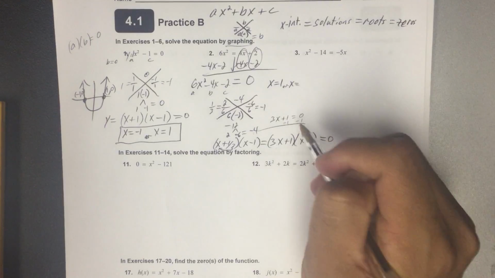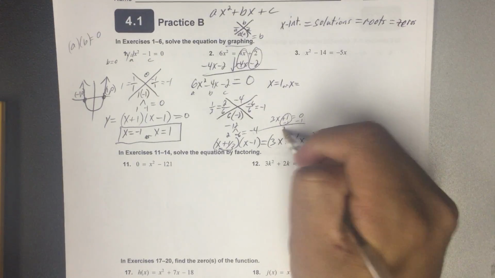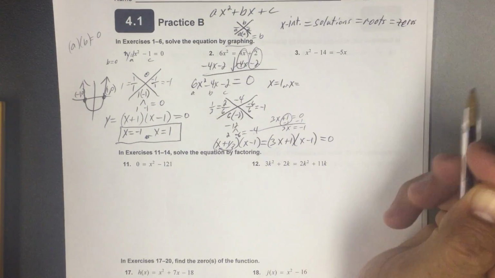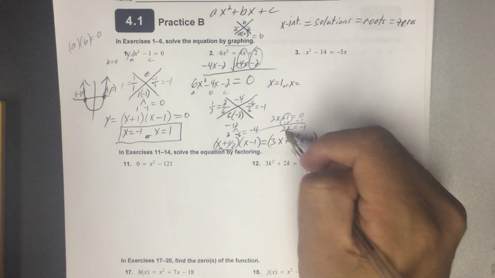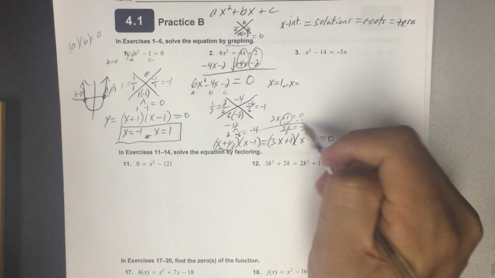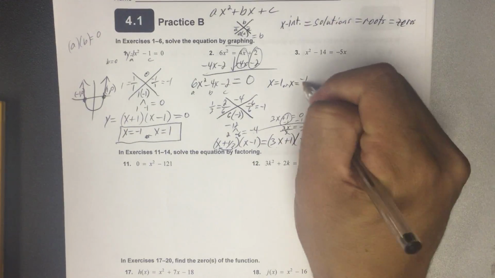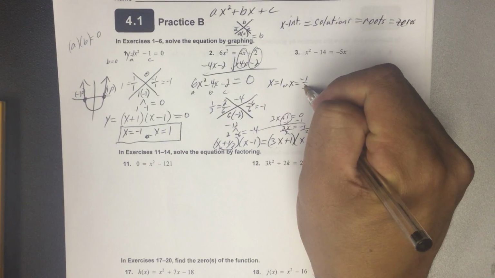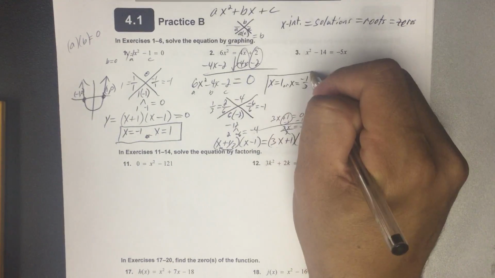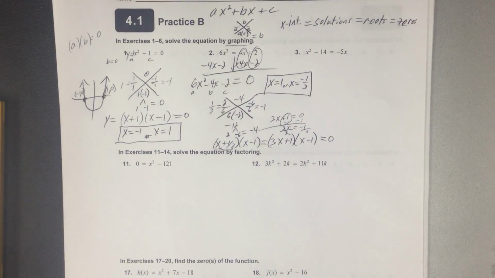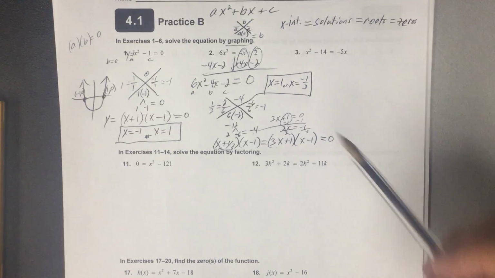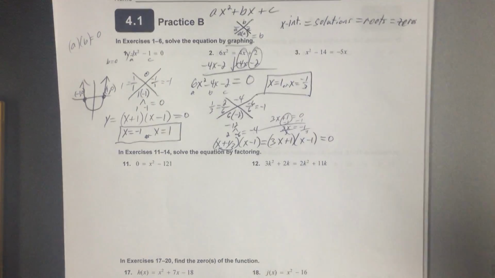Minus 1, minus 1. That goes away. Got 3x equals negative 1. Divide by 3, divide by 3. That cancels. So x equals negative 1/3. So there's my solutions. Again, if I graphed it, I can find it, but you're going to need a calculator and be able to find those exact points.